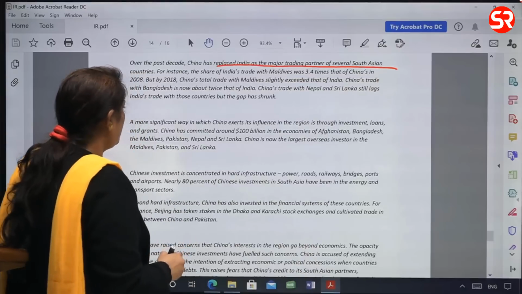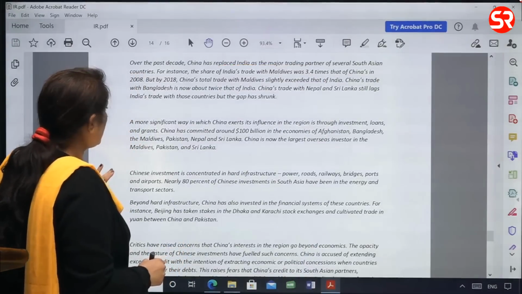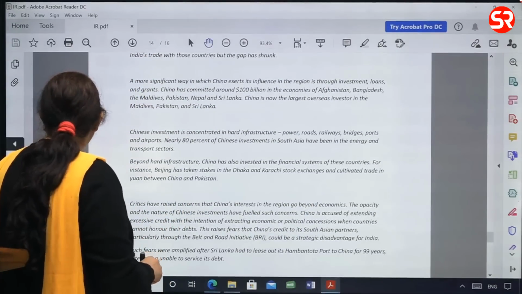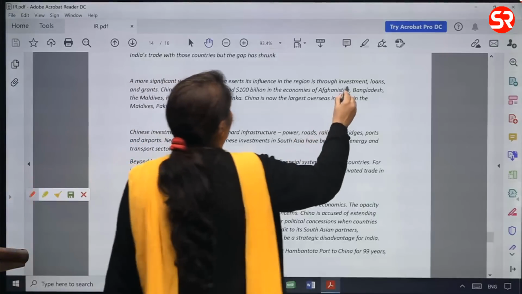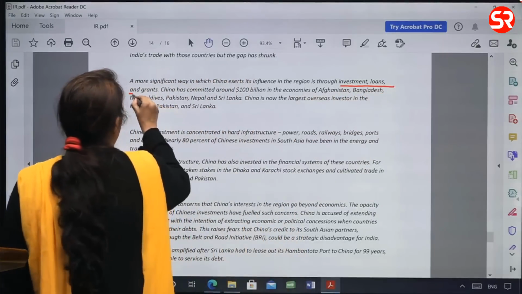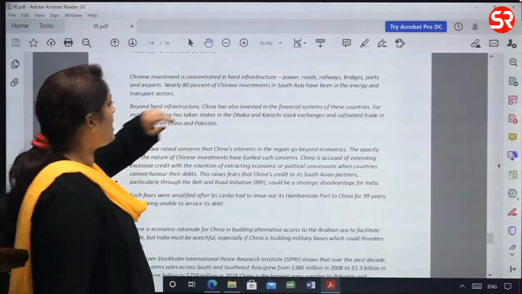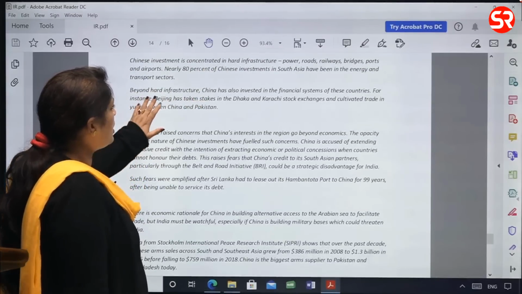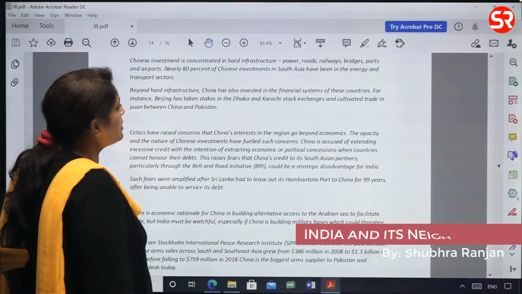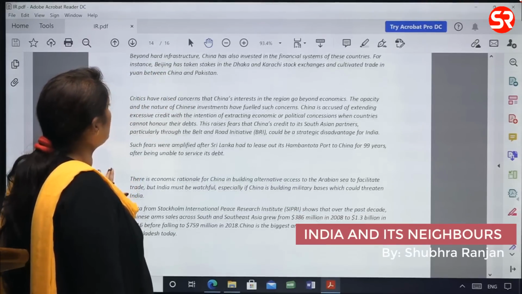Fine. Next, China is making inroads in the region through investments, loans and grants. Chinese investment is concentrated in hard infrastructure. Beyond infrastructure, China is also investing in financial systems.